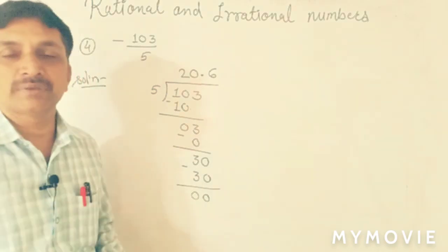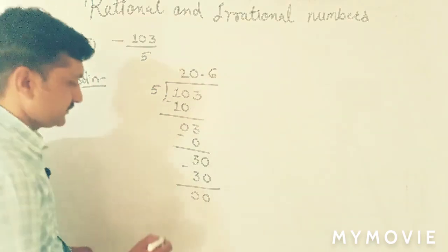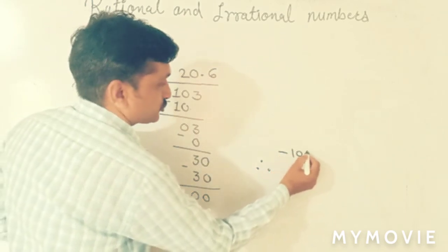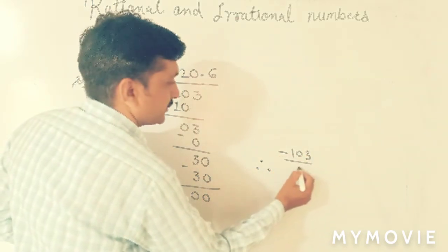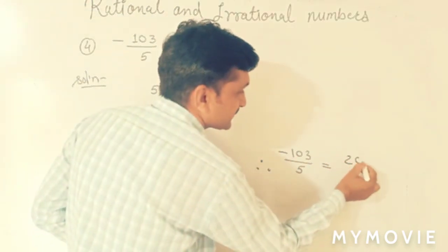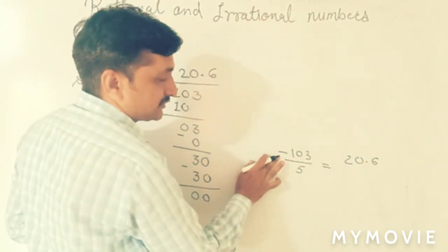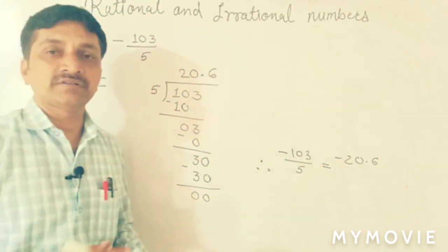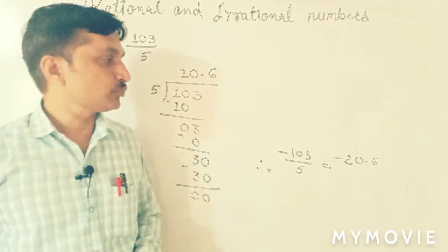We got remainder 0. Therefore our fraction was minus 103 upon 5, and we got quotient 20.6, but as the fraction is negative, therefore put minus here. Therefore the answer is minus 20.6.